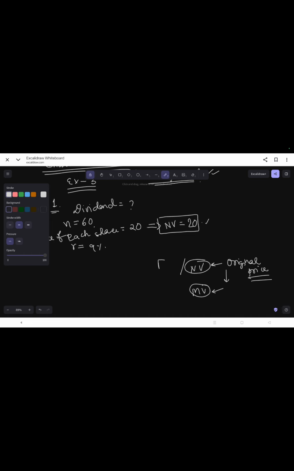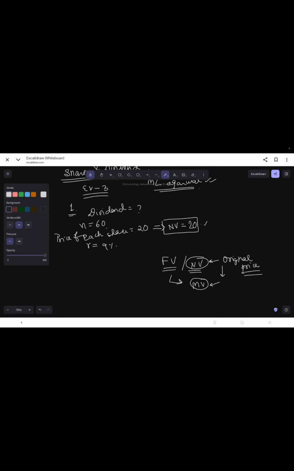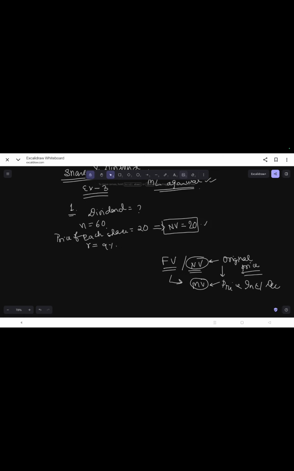Nominal value is also called face value. It is the original price of each share, and if the price decreases or increases, it is the market value. I think you understood, so let's move on to the sum.